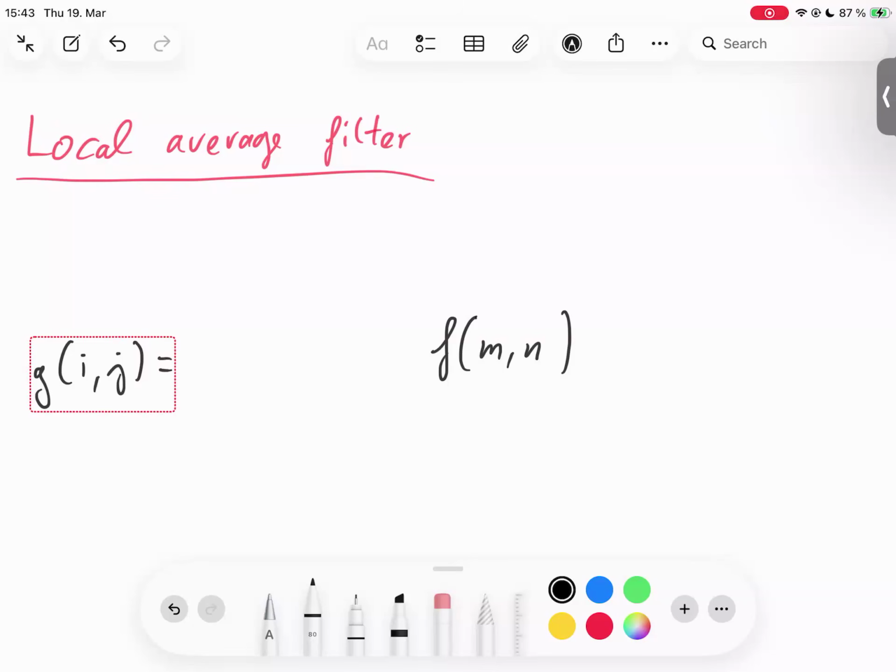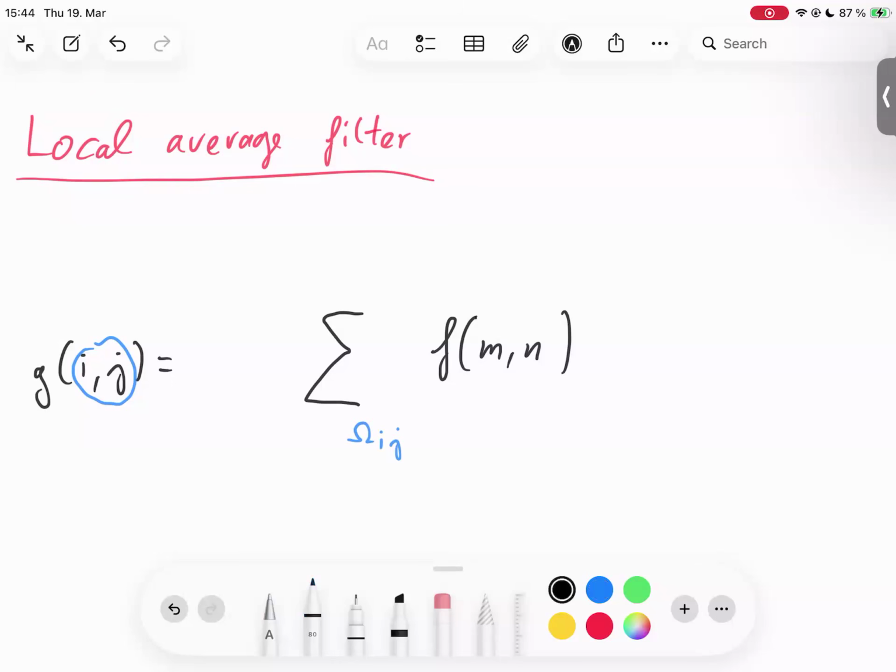And what I do here is I look into a region of, so I have my ij, and I will look into the region of pixels around ij. So I need a sum sign, and I'll explain the sum sign in a moment. What I need is an omega ij, and omega ij gives me the neighborhood of this pixel ij.